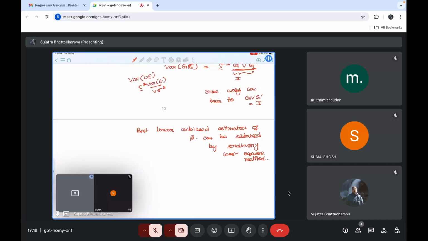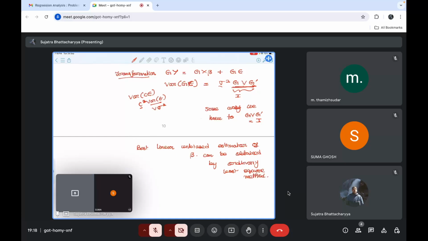So in some way we have to choose G in such a way that your G V G prime becomes equal to I, and hence it will satisfy the Gauss-Markov theorem.